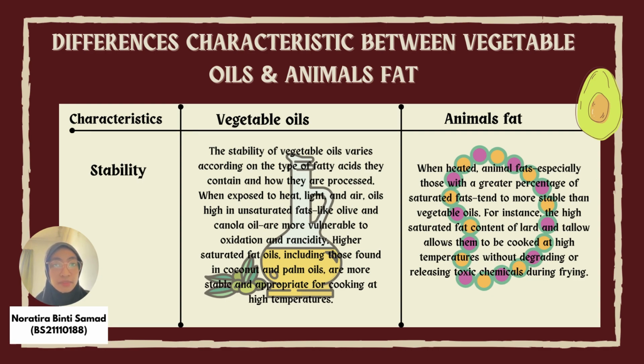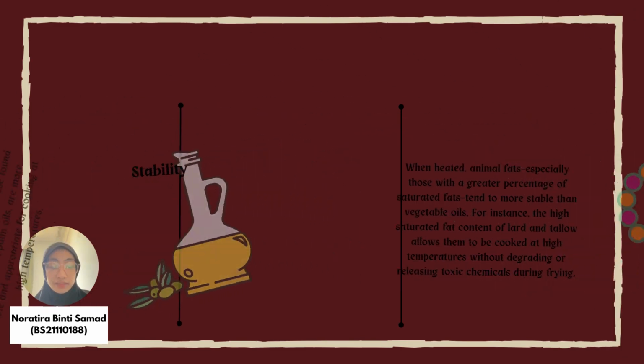Meanwhile, animal fat has a greater percentage of saturated fat when heated and tends to be more stable than vegetable oils. For instance, the high saturated fat content of lard and tallow allows them to be cooked at high temperatures without degrading or releasing toxic chemicals during frying.